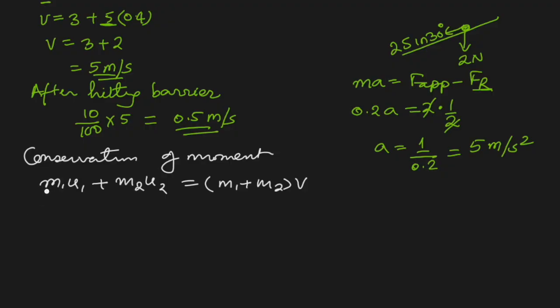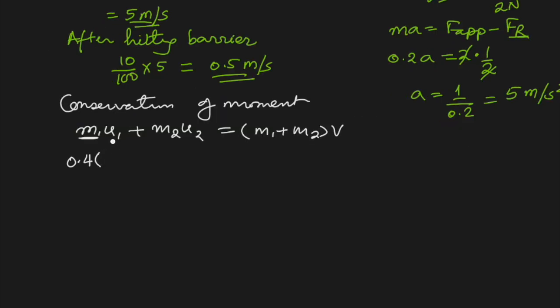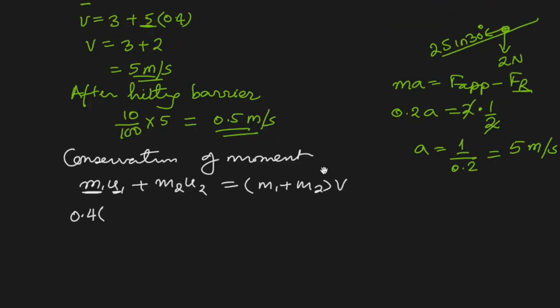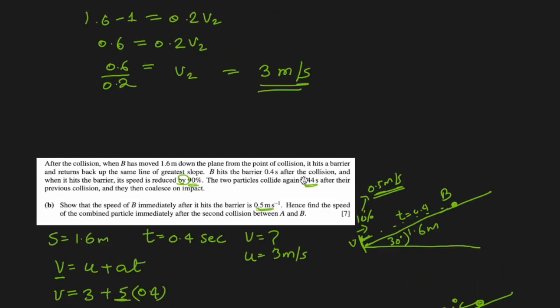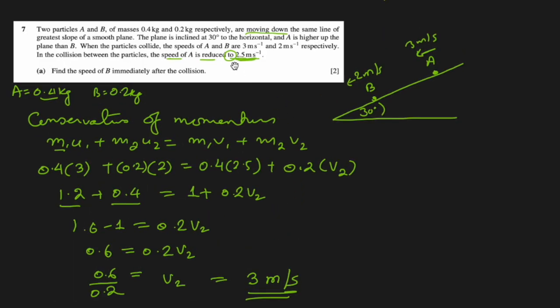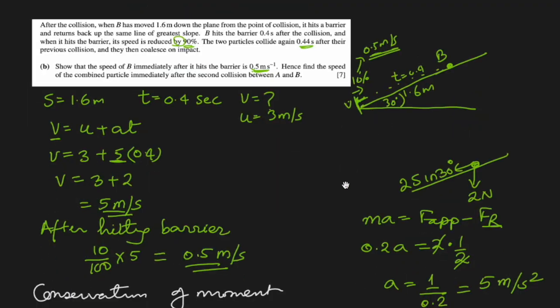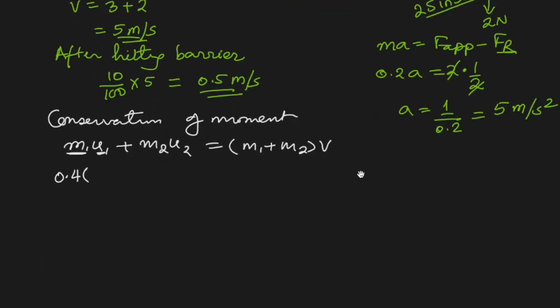Okay, so our first mass was particle A, whose mass was 0.4 kg. Speed u1 was 2.5 after the first collision. If you remember part A, they said after collision it moves at 2.5 meters per second here, but it won't maintain this because it is going down. There is a force downwards which is trying to take it down.